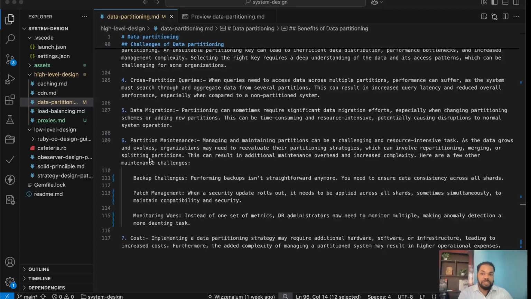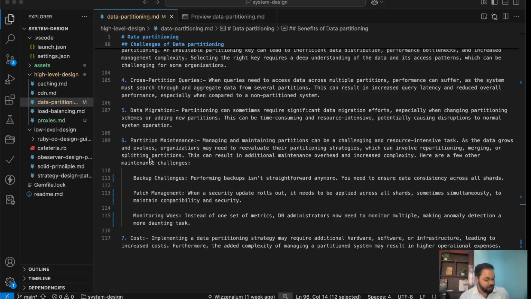It might be backing up the data, it might be monitoring the data, or anything. So maintenance is quite big. Earlier I told you the benefit of maintenance, now I'm telling you the drawbacks of maintenance. So the benefits are there and drawbacks are also there.